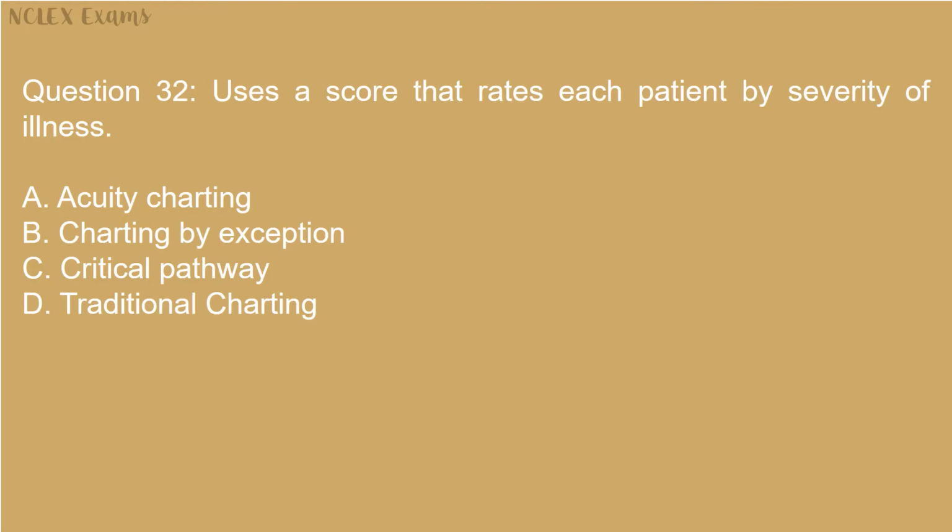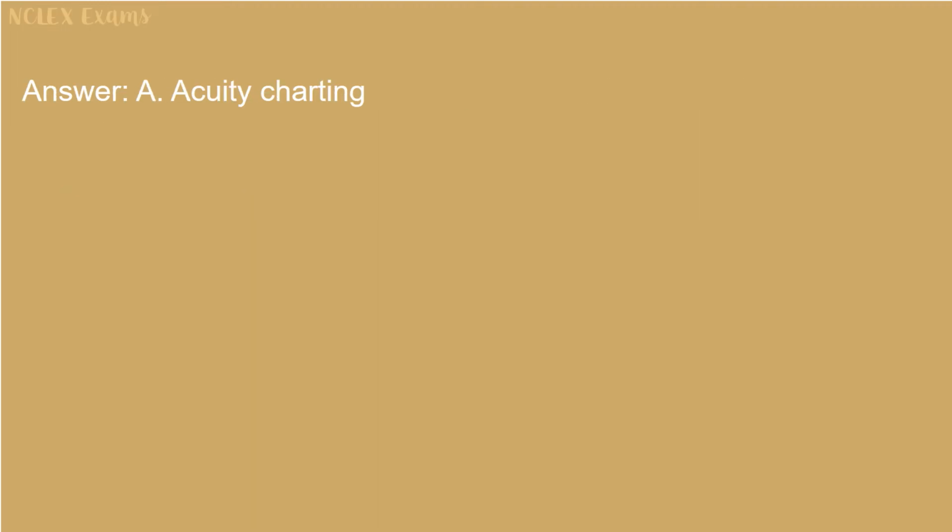Question 32. Uses a score that rates each patient by severity of illness. A. Acuity charting. B. Charting by exception. C. Critical pathway. D. Traditional charting. Answer: A. Acuity charting.